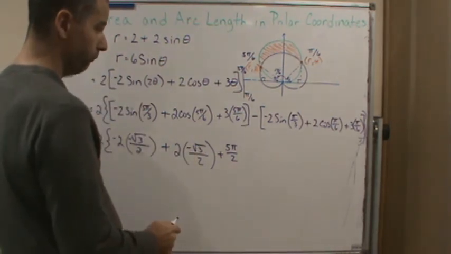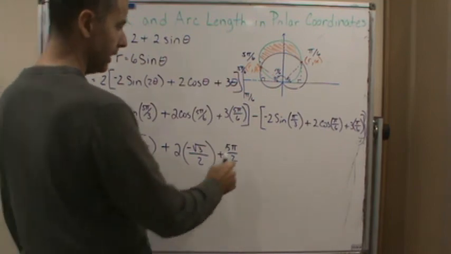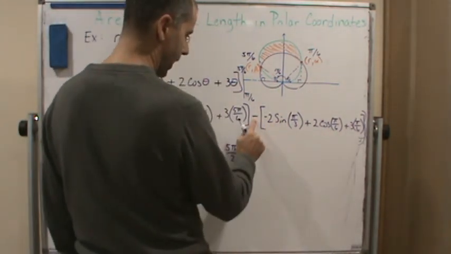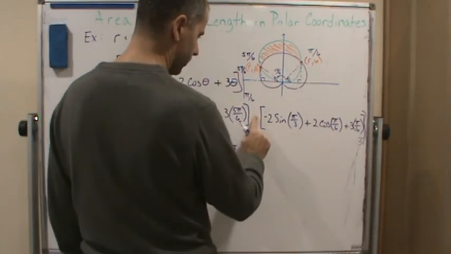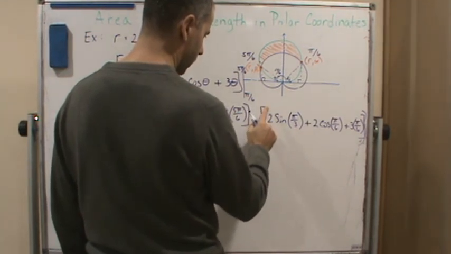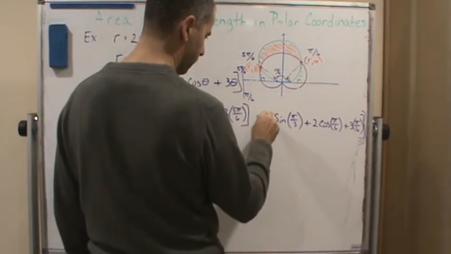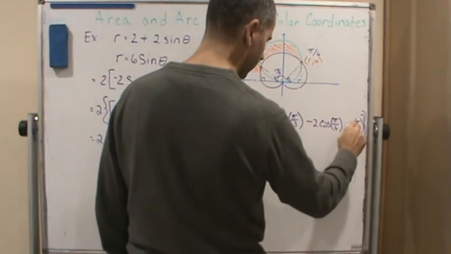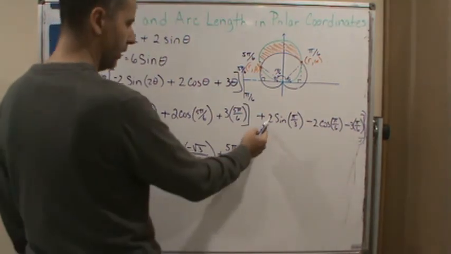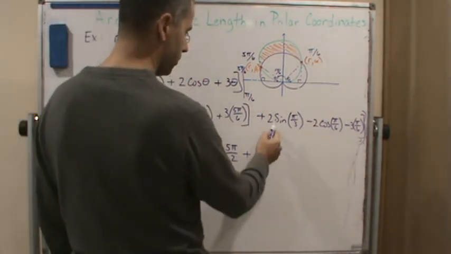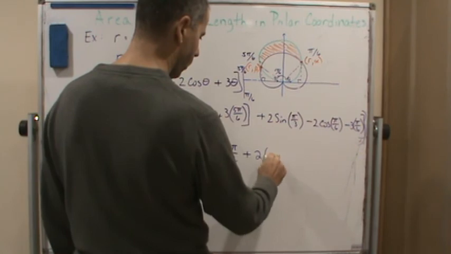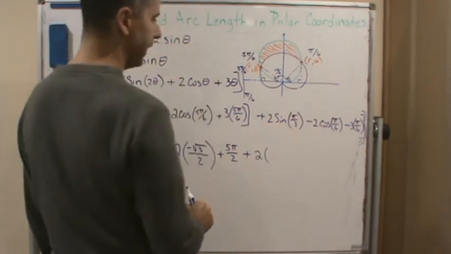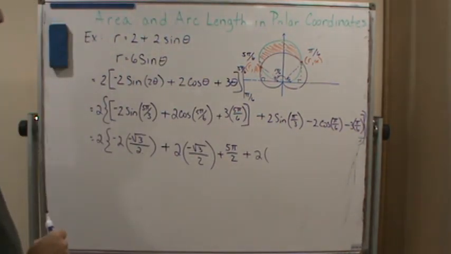Now, let's distribute the subtraction here. So this is going to end up being plus. This is going to end up being minus. And this is going to end up being minus. Okay, so now I'm going to add 2 times what? The sine of pi over 3. So the sine of pi over 3 is, again, a 60-degree angle.